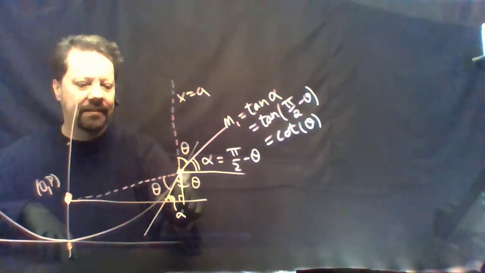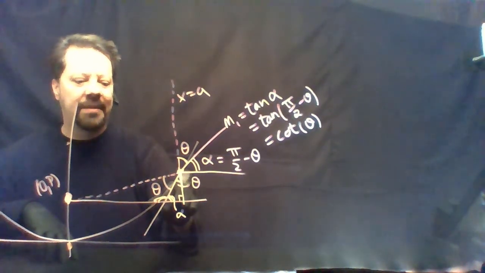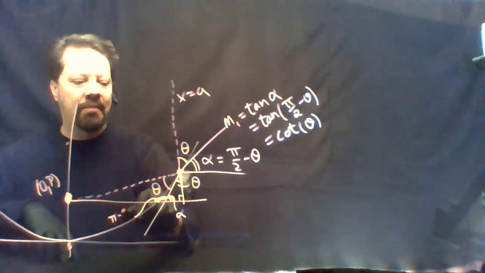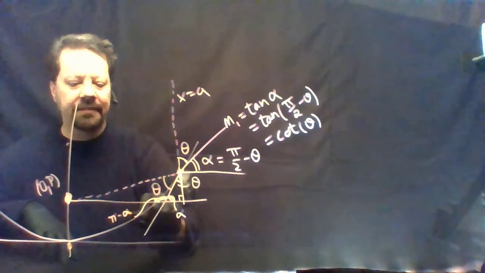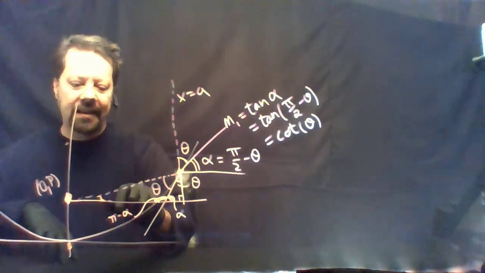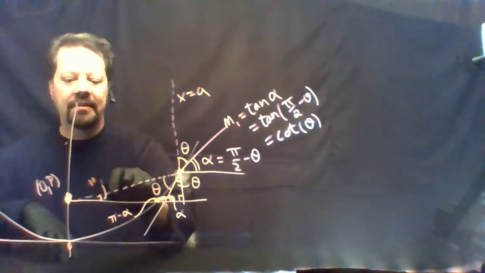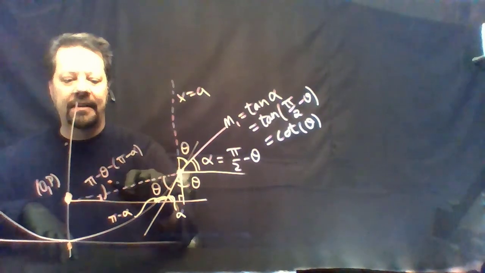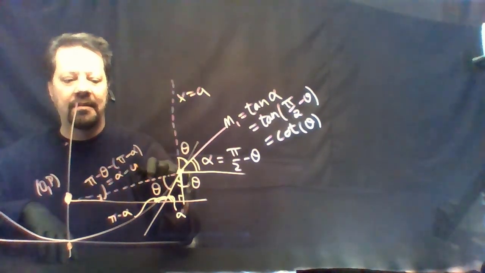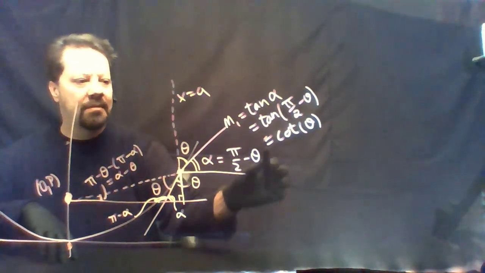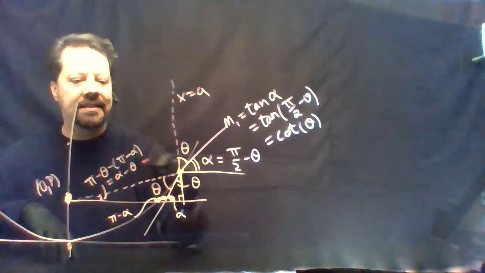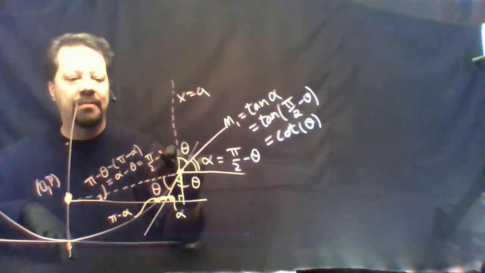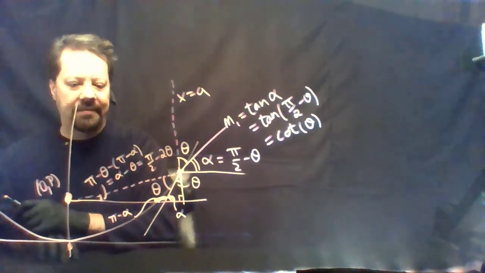If that's alpha, then this supplementary angle will be pi minus alpha, and this angle then will be pi minus theta minus (pi minus alpha), which is alpha minus theta. But recalling that alpha is pi over 2 minus theta, this angle will be pi over 2 minus 2 theta.